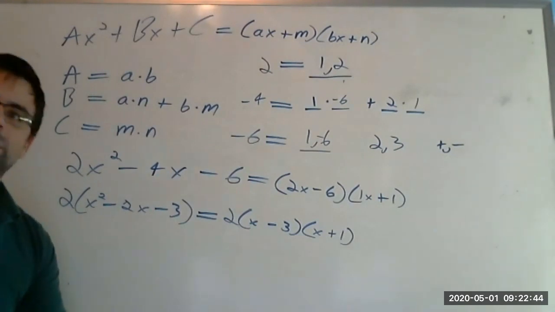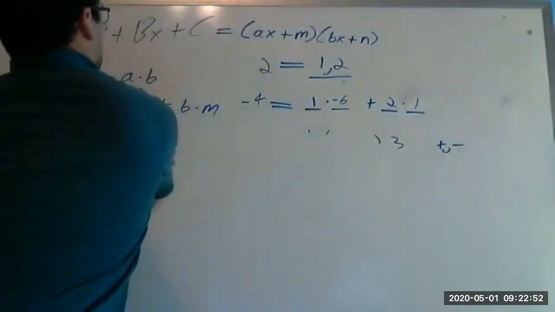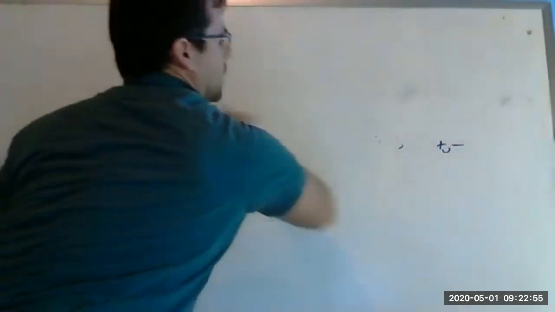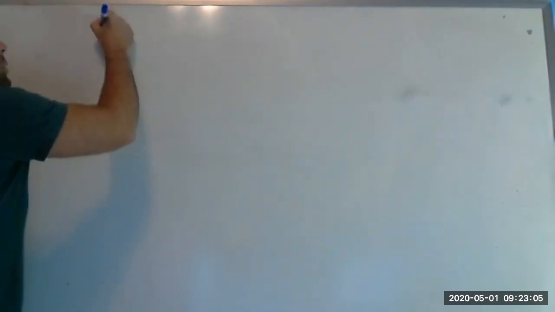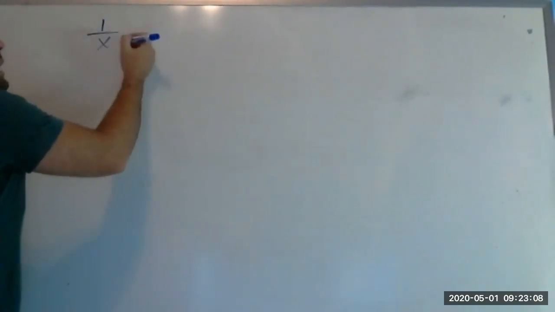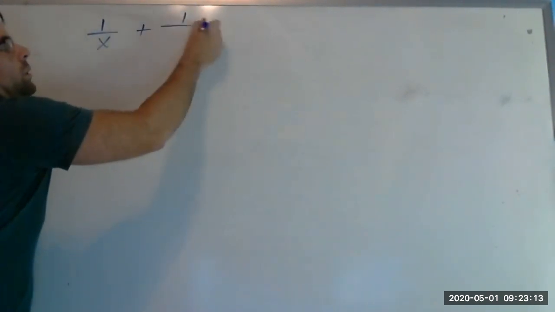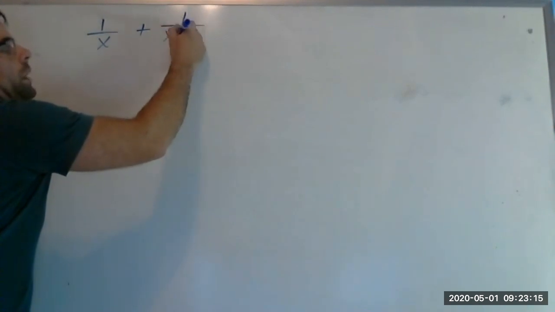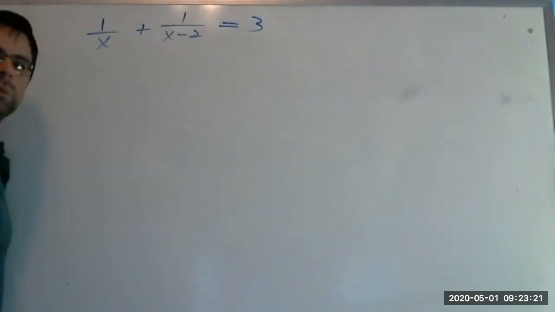You talking about rational equations? Yeah. So a rational equation is one that has a variable in the bottom. So like 1 over x plus 1 over, I don't know, x minus 2, we'll just say equals 3.